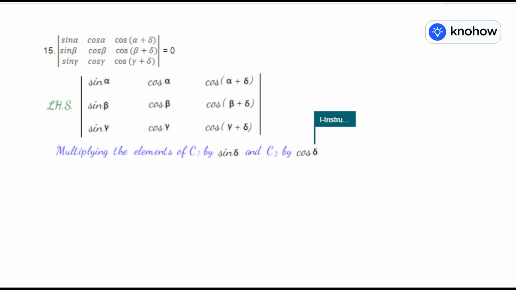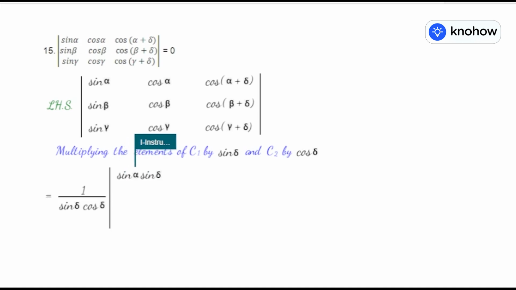By opening I mean apply the formula of cos A plus B in all the 3 elements of column 3. Now because we are multiplying column 1 by sin delta and column 2 by cos delta, we must compensate outside, dividing as a whole. So it is 1 upon sin delta into cos delta outside, and you get sin alpha sin delta, sin beta sin delta, and sin gamma sin delta.